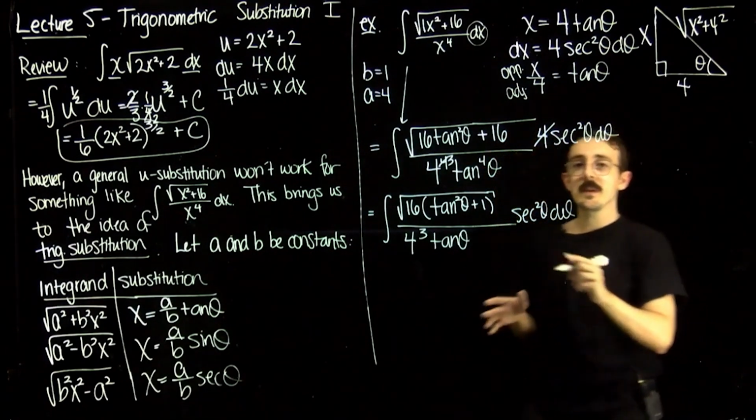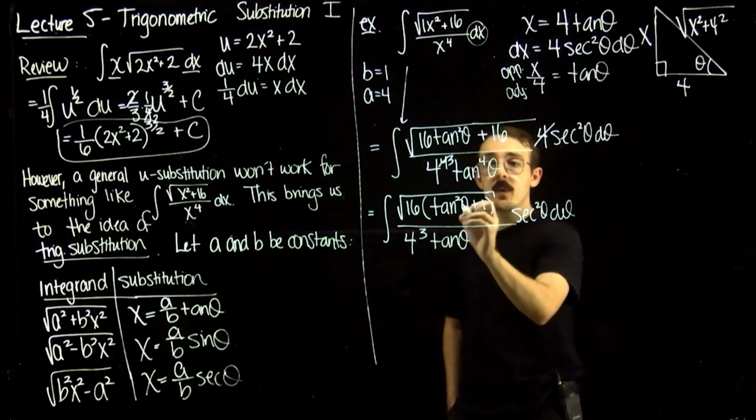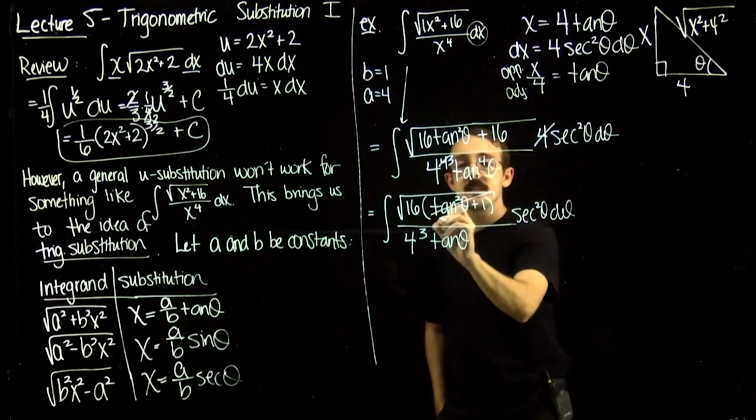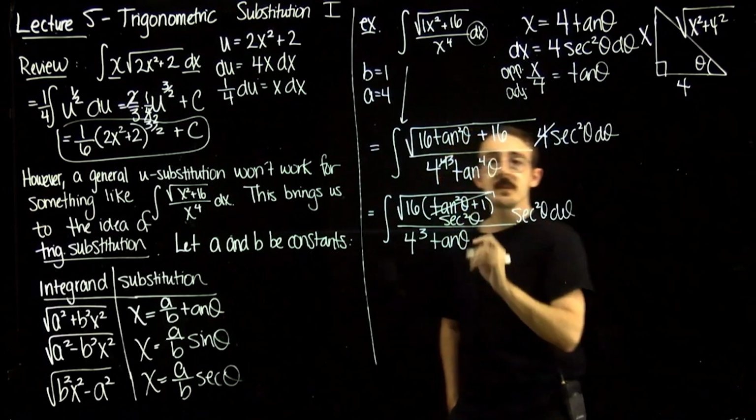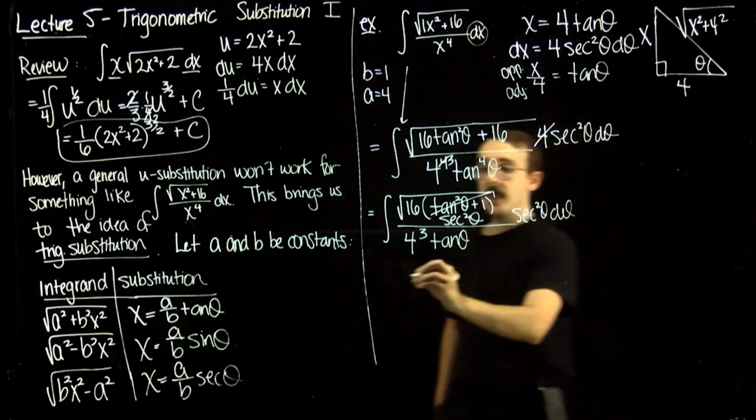And what you should see here is that we can make use of one of our Pythagorean identities. Tangent squared plus 1, that is secant squared.